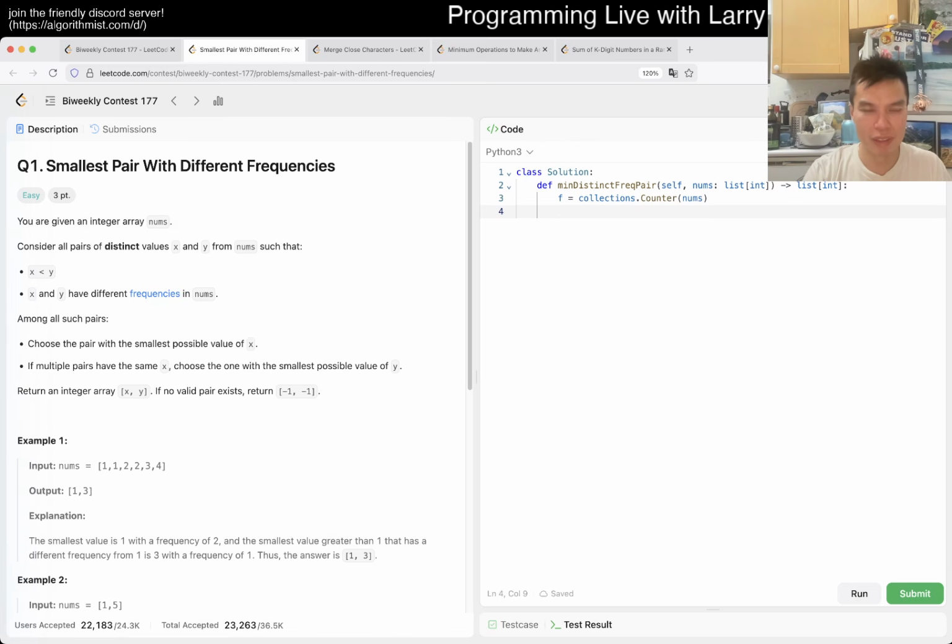Okay, I guess so. For x in nums, for y in nums, if f of x is not equal to f of y, then, is it indexes? No, it's x, y.